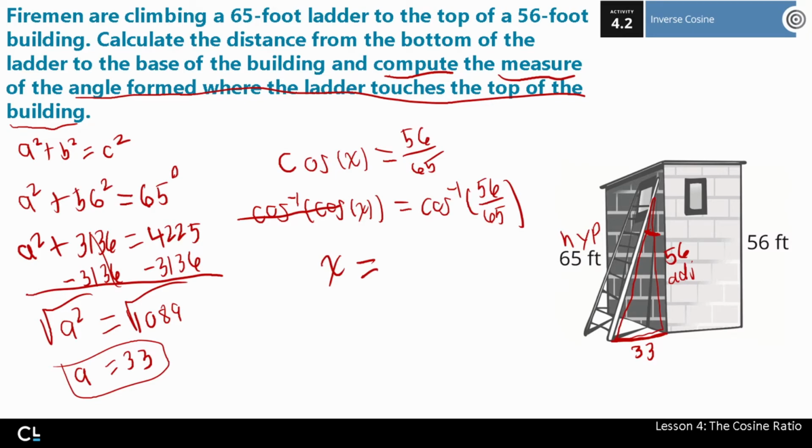It's going to give me, rounded to the second decimal place, 30.51 degrees. There we go. We found our second answer here. Awesome work. Once again, if you're confused or have any questions, please let me or your teacher know.